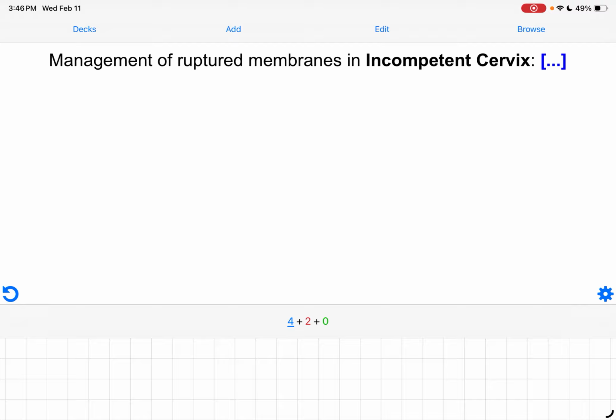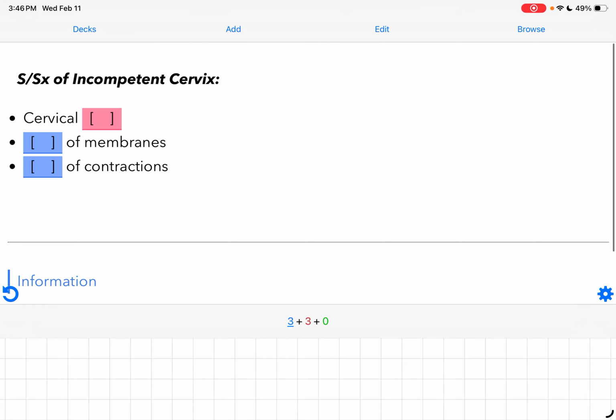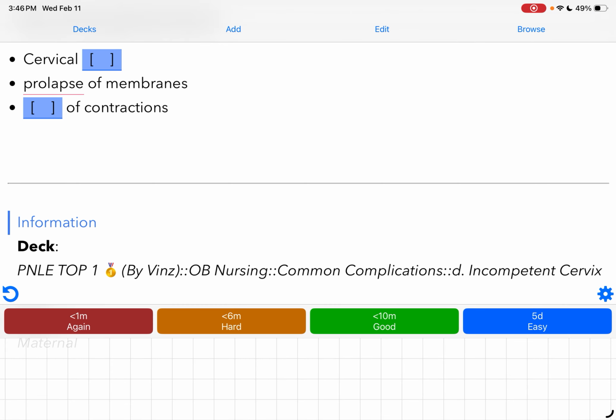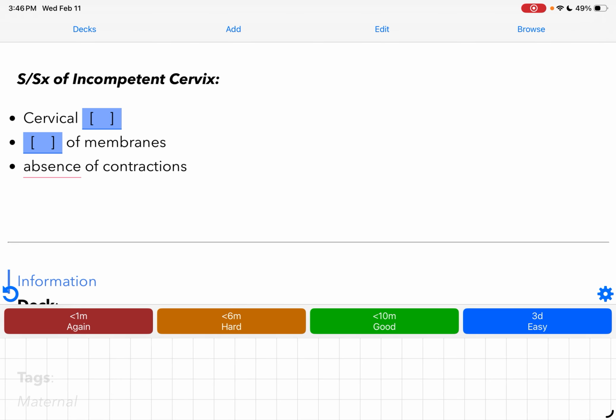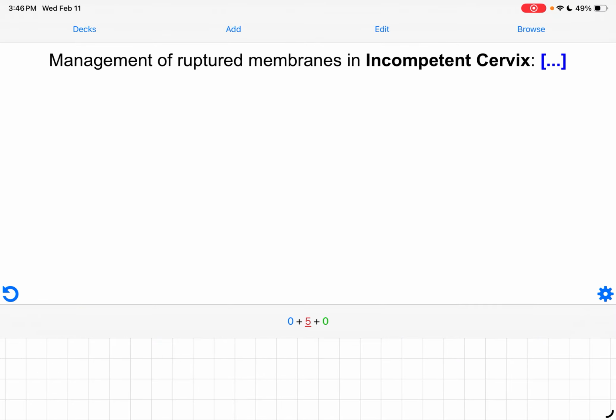Management of ruptured membranes in incompetent cervix. Signs and symptoms of cervical dilation: rupture of membranes, prolapse of membranes, absence of contraction. So with incompetent cervix, you have absent contractions but there is dilation.